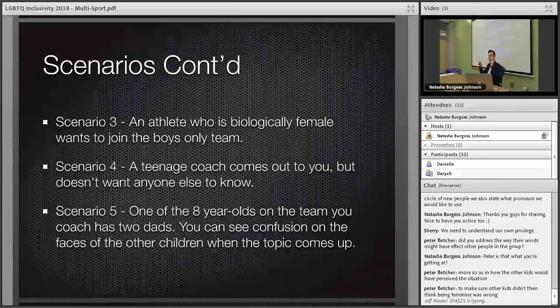Somebody who is a female and identifies as a woman who wants to join the boys-only team, that is not necessarily easy to fix. If there is a women's-only option, that may be based on policies or how the sport is run, they may have to go that route. But if they're biologically female and gender non-conforming or transgender, but they identify as a man, then they're allowed.